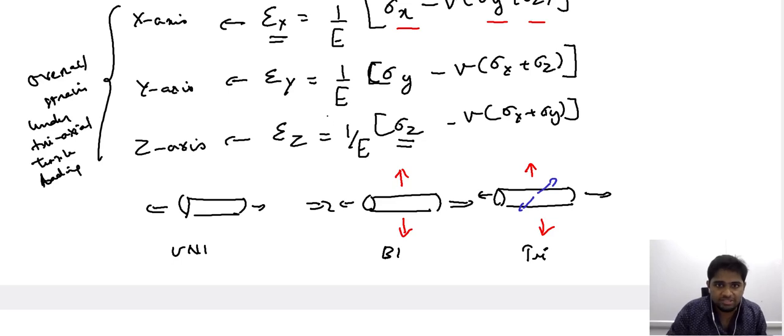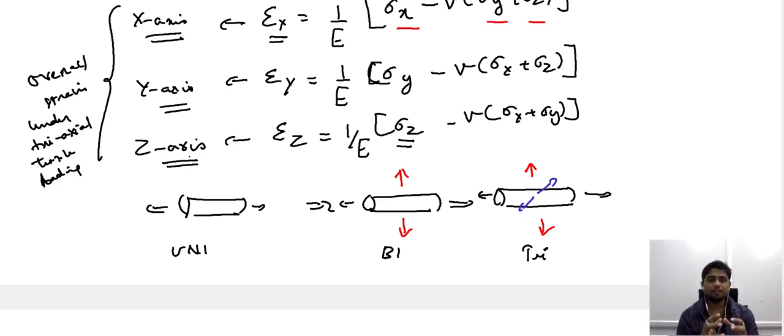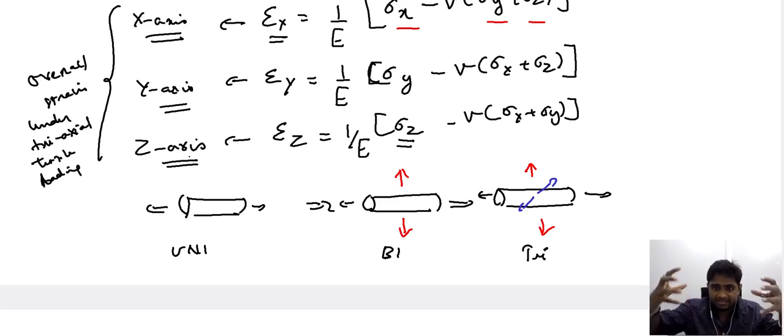We have been describing the response offered by the material based on the x-axis as here, the y-axis as here, and the z-axis as here. What we have not done is collectively express the overall response that is offered by the system as a whole.